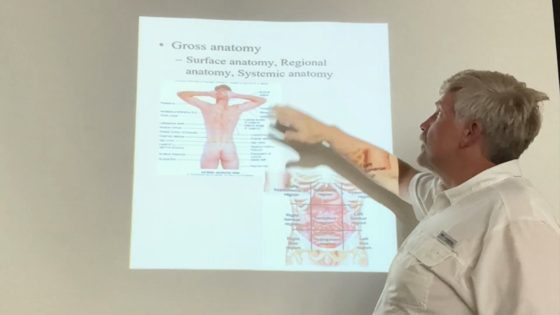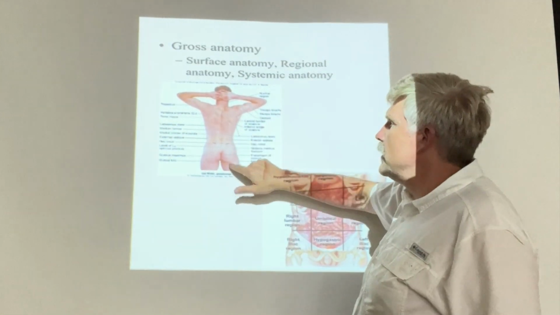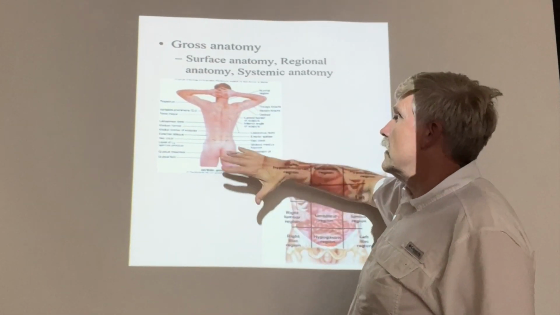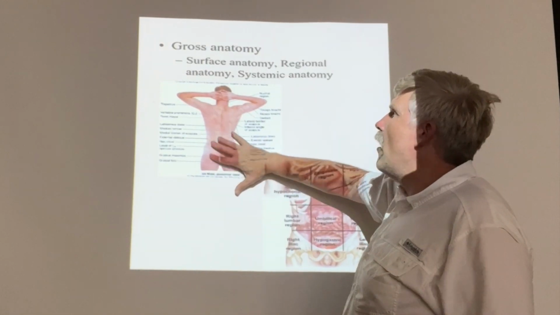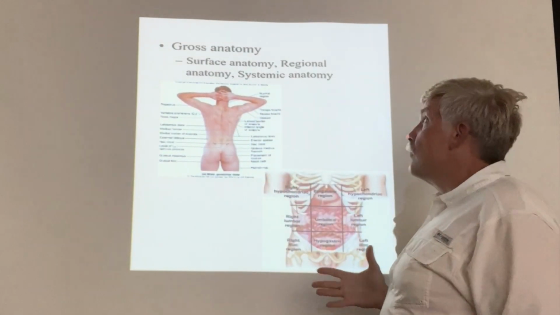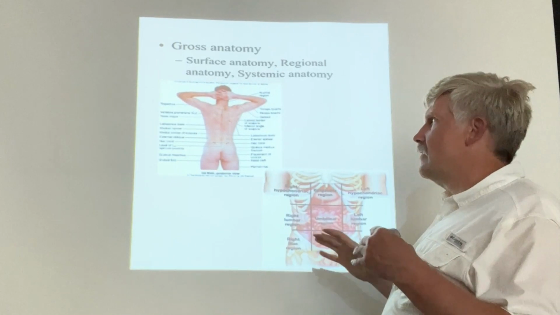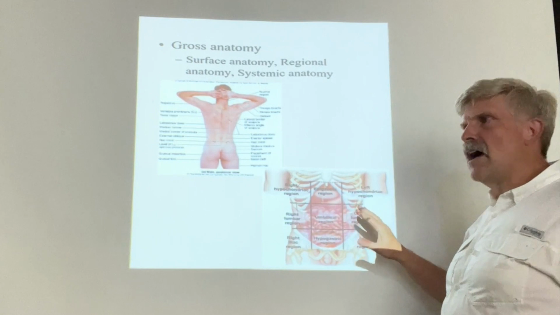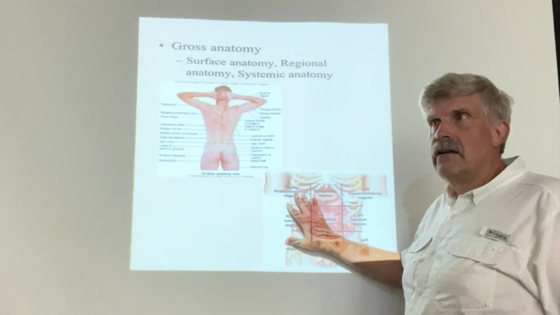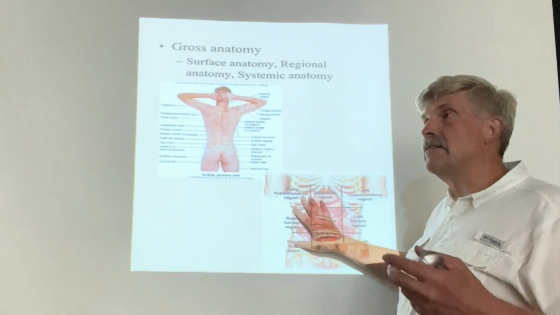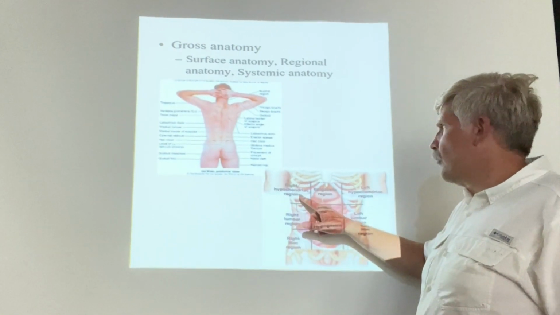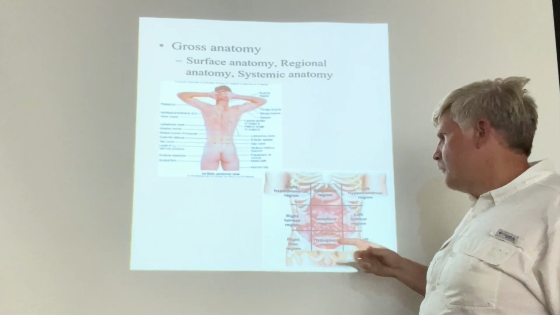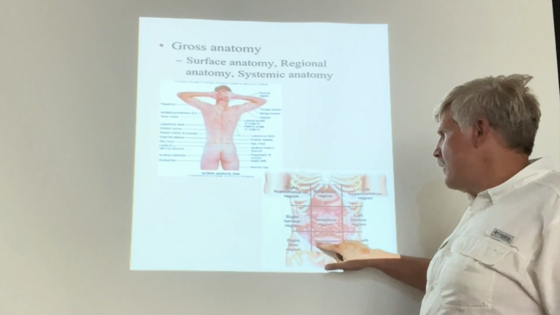This sort of goes with regional anatomy because we'll be naming each of the regions, gluteal region and the lumbar area. So all of this then will be broken down into different regions so that we can focus our attention on a particular area. For instance, I may not want to try to comprehend the entire abdomen. I may want to break it into regions: epigastric region, umbilical region, hypogastric region, and then focus on that particular region.